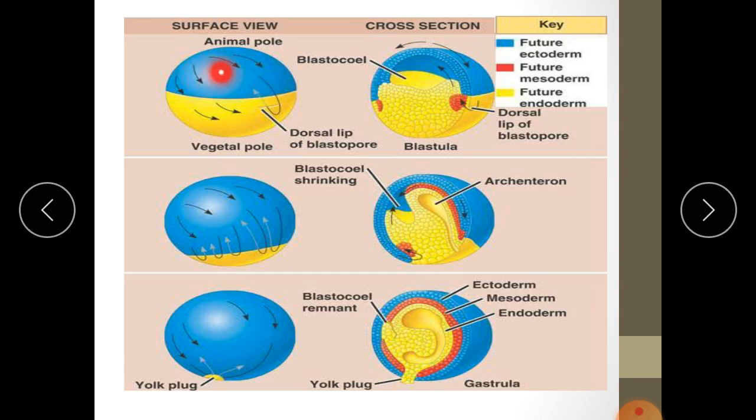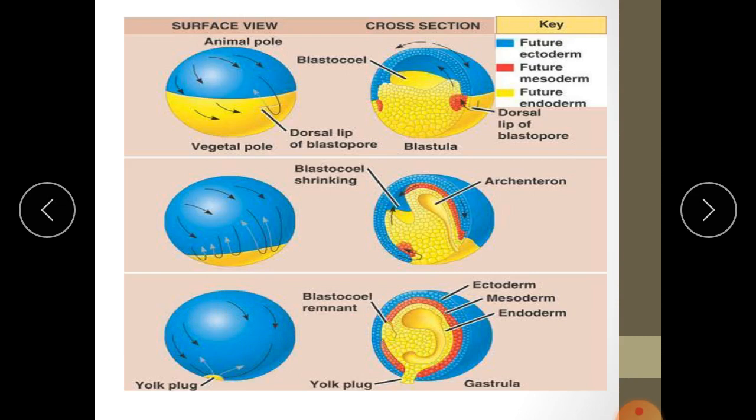These micromeres repeatedly divide at a faster rate. As a result, this blue color part covers the entire egg. Can you see here? See, this is coming like this. The entire external part of the embryo is covered by blue color. Blue color means micromeres. This is called epiboly.